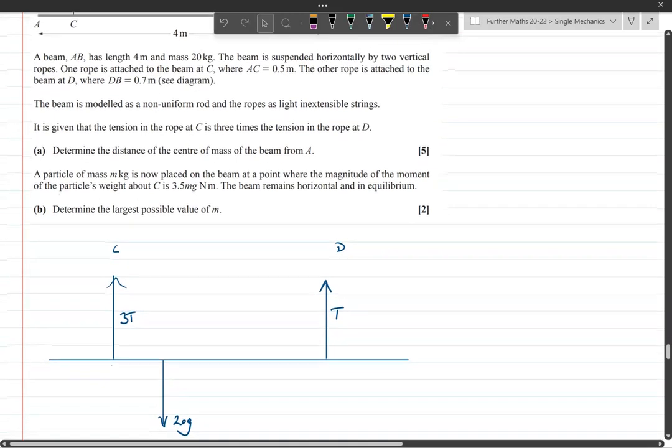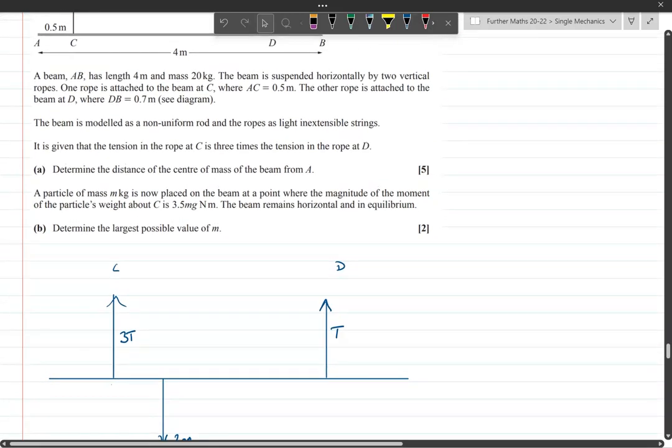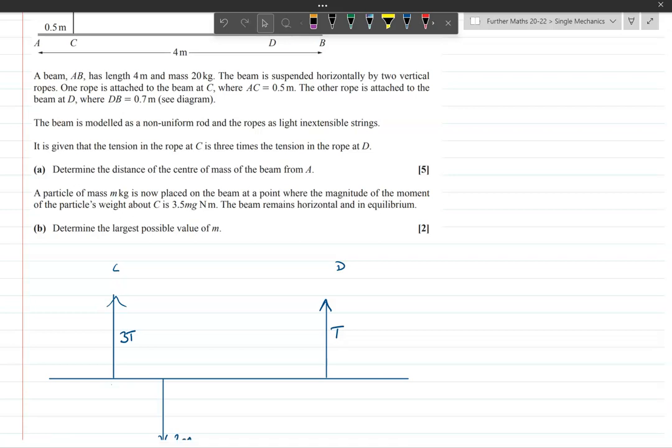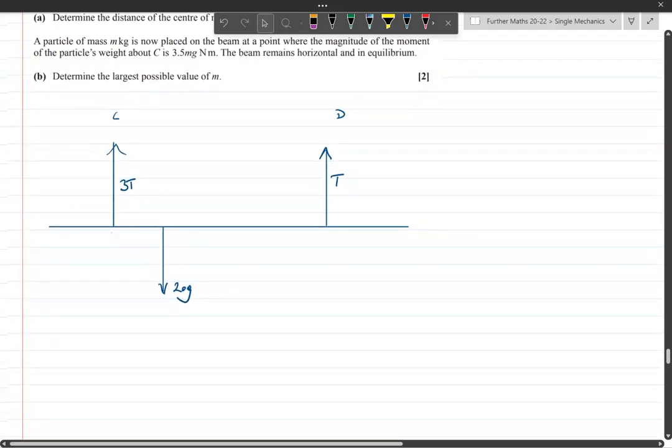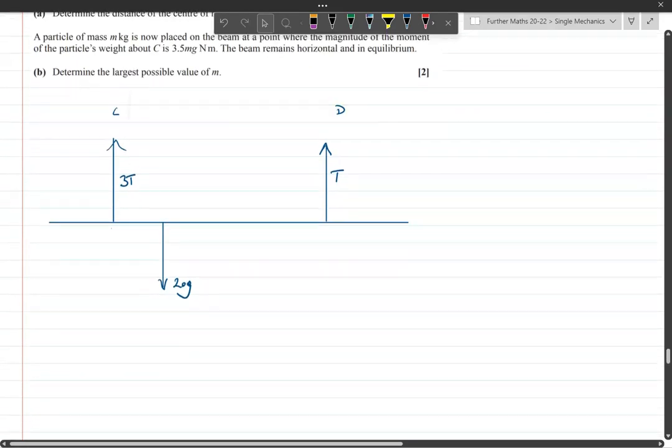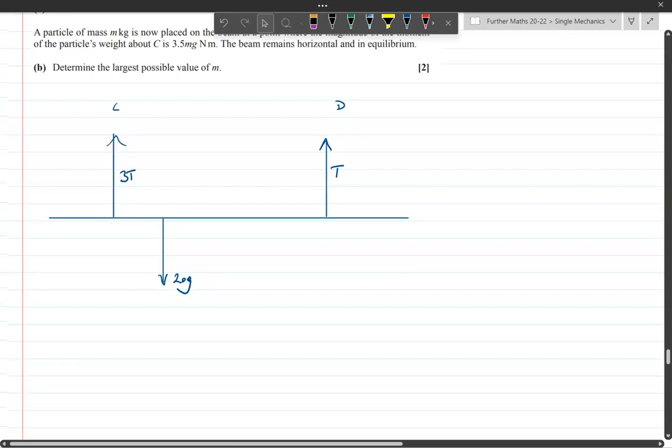And that's it, I don't think there's anything else involved. It messes with your head a little bit with the second part, but this part is really that straightforward. Nothing else going on, no extra forces or masses. It's a nice and straightforward question, and 5 marks as well, so should be doable.